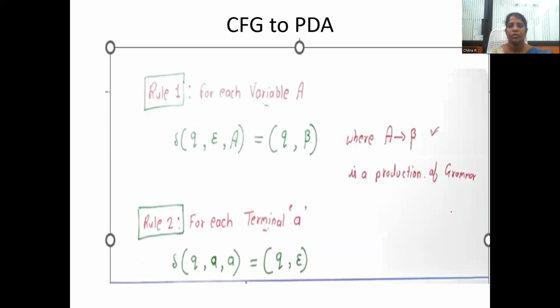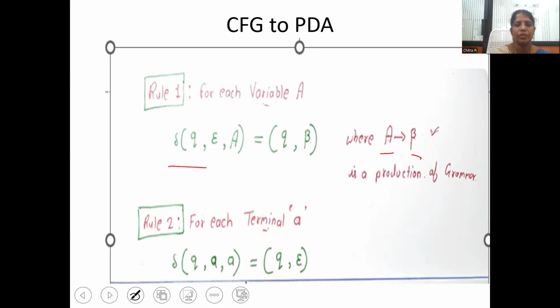Again, here we are following two rules. First one is for each variable. If the production is in the form A tends to β, then we can write the transition for the pushdown automaton like this: δ(q, ε, A) = (q, β), where the left hand side A is replaced by the right hand side β.